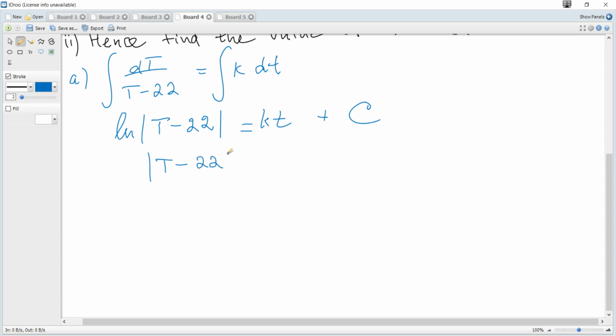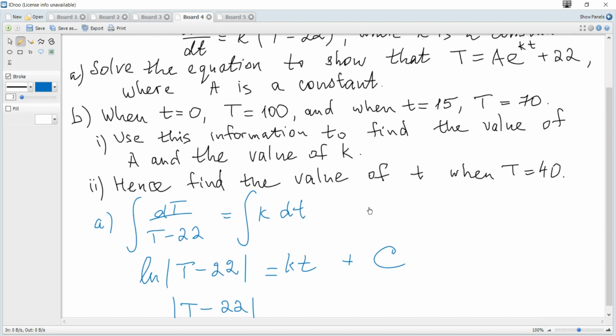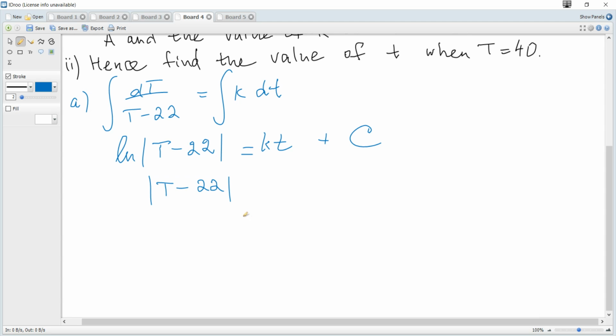I keep the absolute value, but you may guess that definitely it's positive here, but in general it doesn't matter, and you will understand why a bit later. And it becomes e to the power of kt plus c, which is e to the power of kt multiplied by e to the power of c.